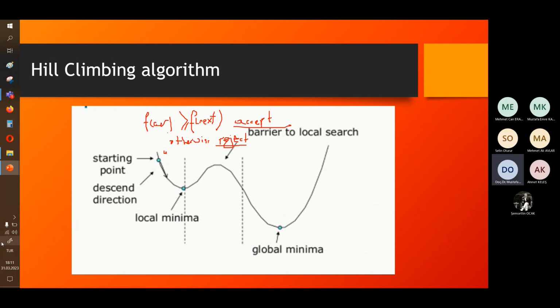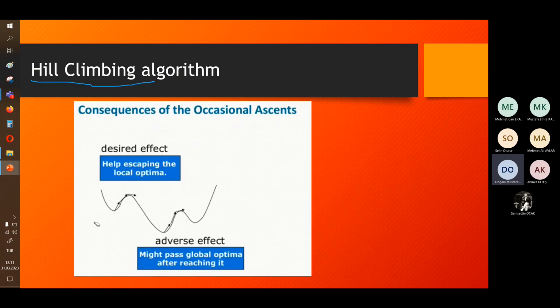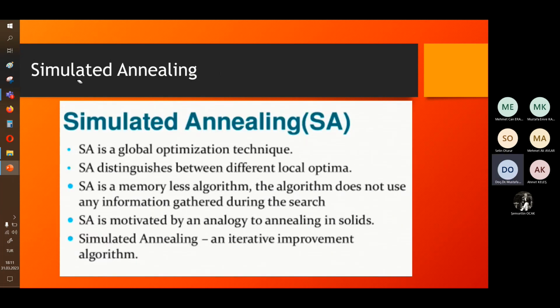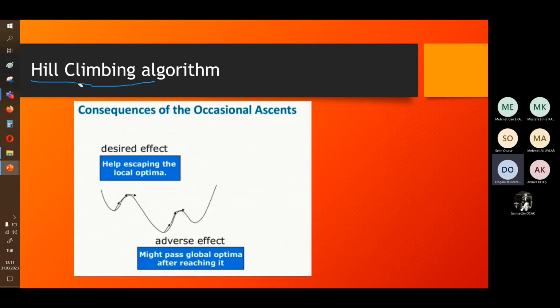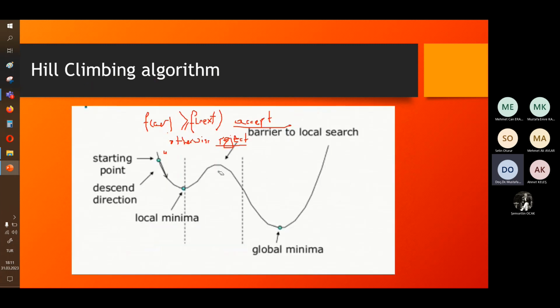Okay. This idea is applied in simulated annealing. I will be introducing you shortly, okay? Very much like what you are telling us, rather than rejecting the bad solutions, sometimes accepting them could yield a better solution. I mean, it may help us to climb up such hills and then find out where the global minima is.